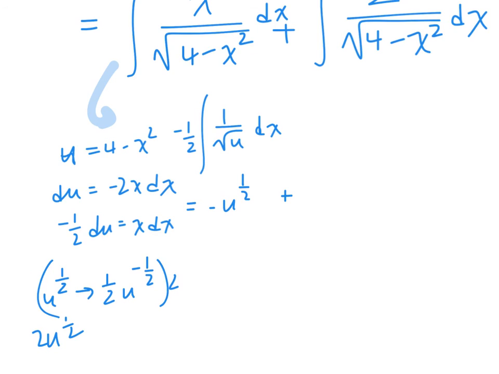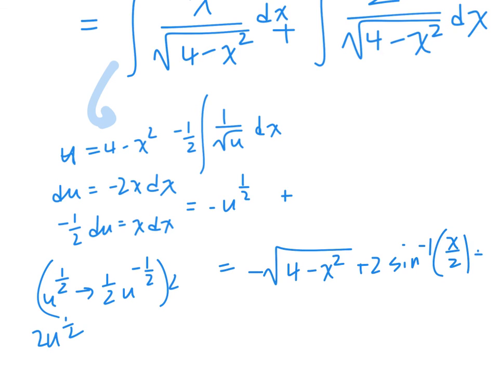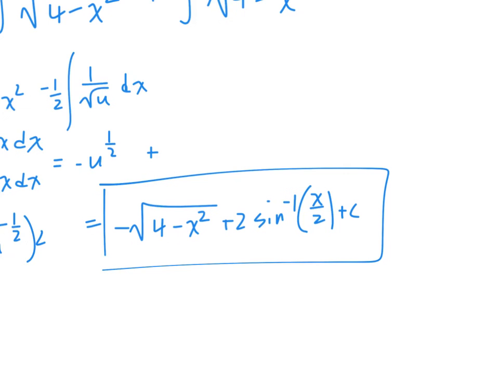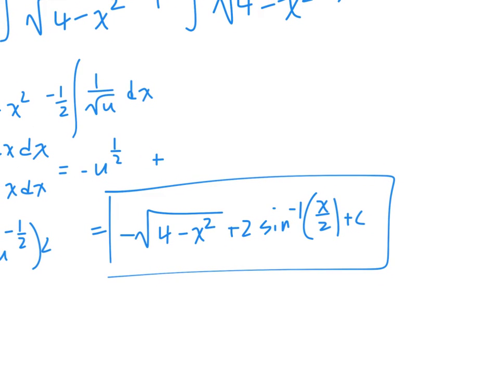Anyways, the final answer is going to be minus square root of 4 minus x squared plus 2 inverse sine x over 2 plus c. Yep. That shouldn't be there. All right. Okay, so this 2 should still be there.